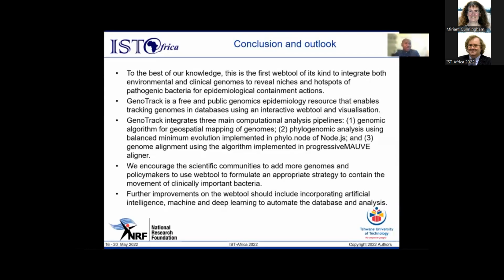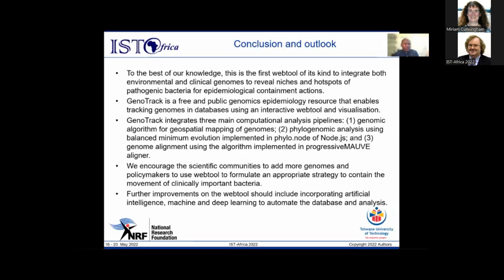And thirdly, you have genome alignment using the algorithm implemented in Progressive Mauve aligner. So we encourage the scientific community to add more genomes, and policy makers to use the web tool to formulate an appropriate strategy to contain the movement of clinically important bacteria.